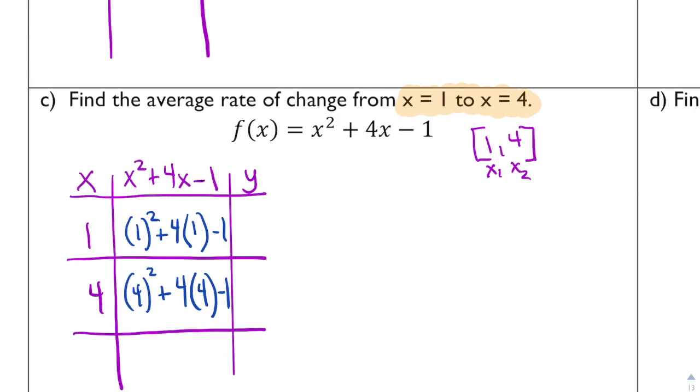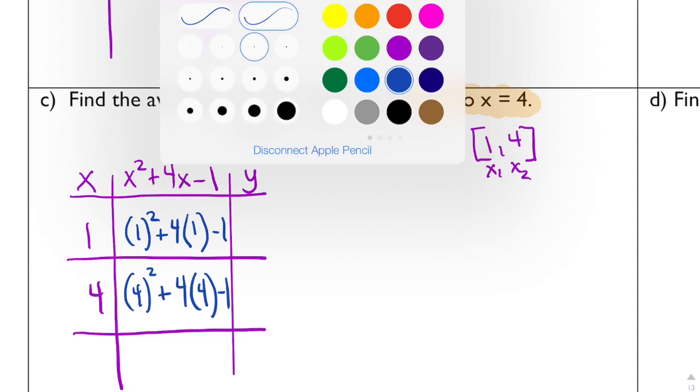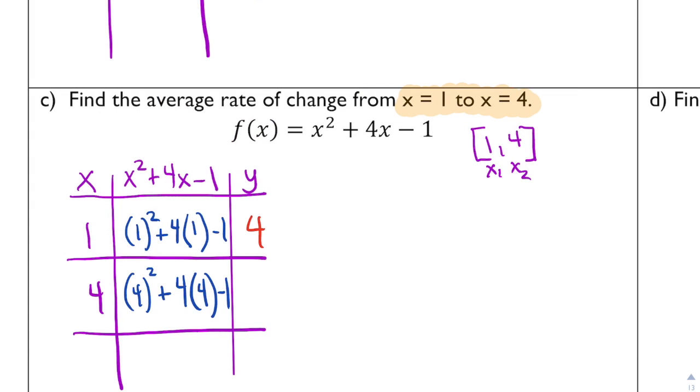So our output for 1, looks like I've got a 4, and when 4 is our input, 31 is our output.